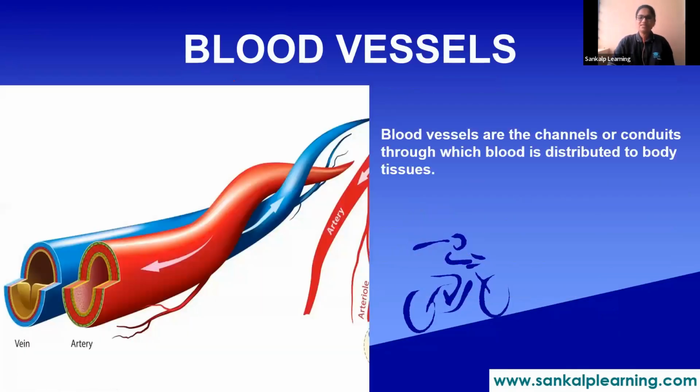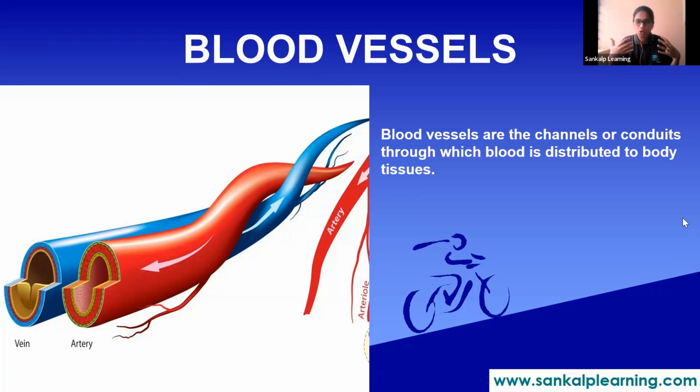Next. Now we studied what is there inside the blood, what composition is there inside the blood, what blood is made up of. Now we are going to study how this fluid blood will be transported in our giant body, our large or long body.